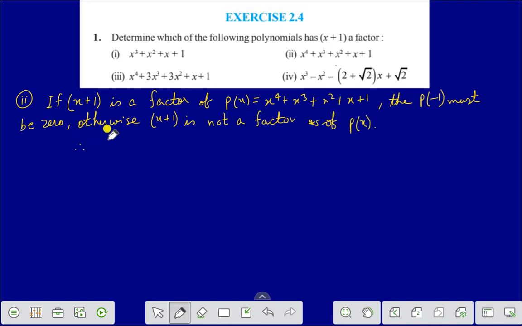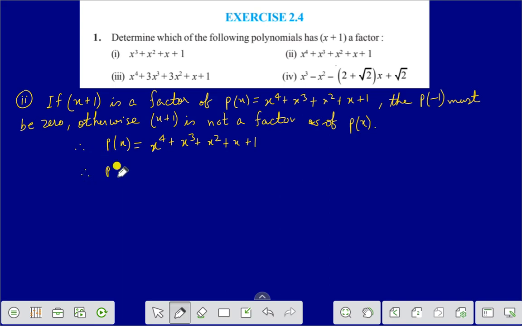Let us find. Here p(x) is equal to x to the power 4 plus x cube plus x square plus x plus 1.